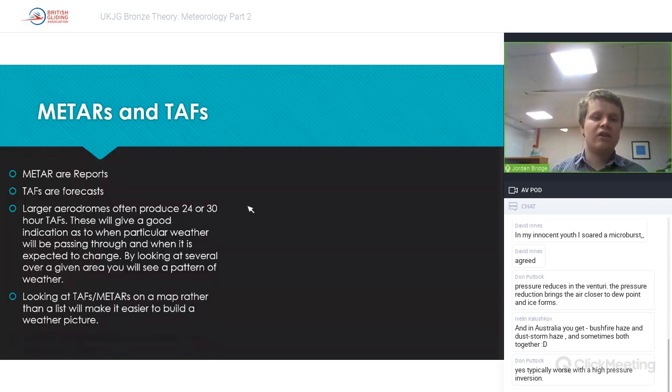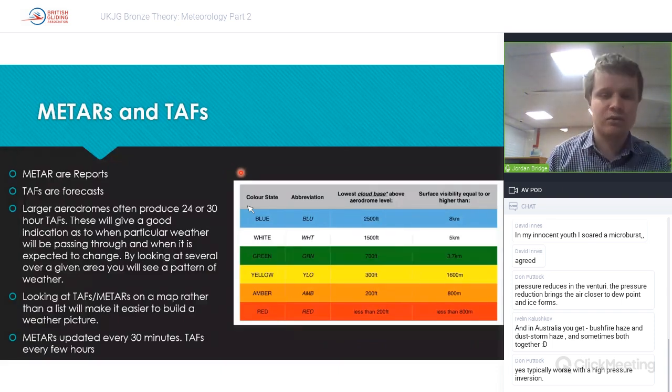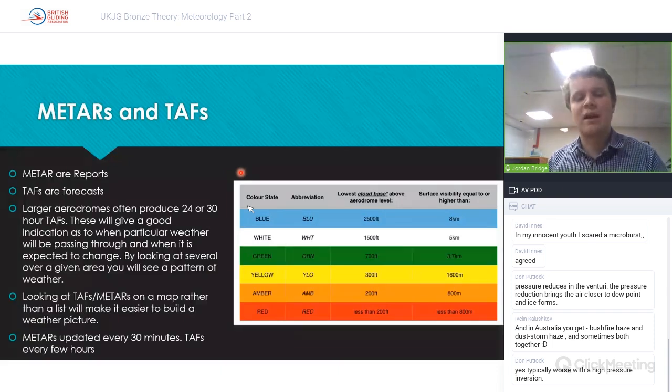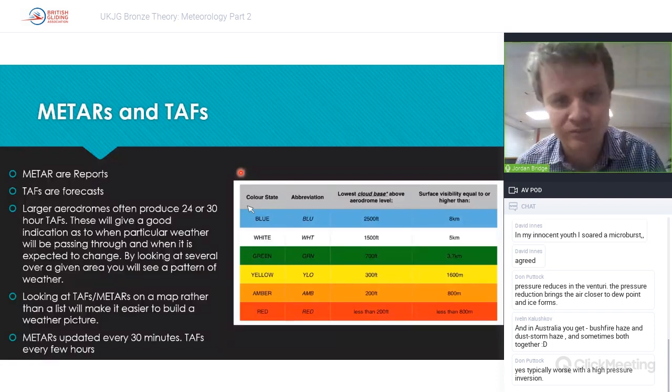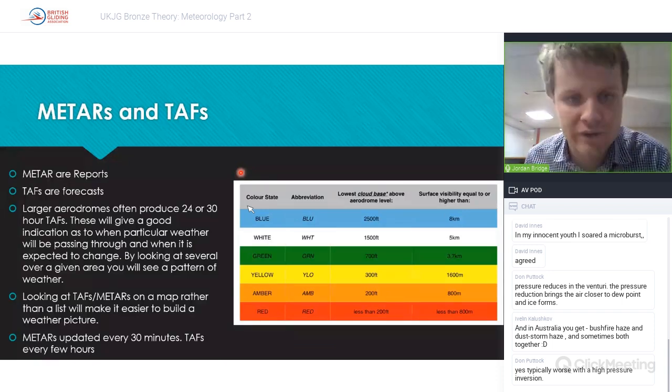It may be best to look at these on a map rather than one by one, because you'll get a better picture of what's going on. They're generally updated every 30 minutes, TAFs every few hours. The military have this code system, as you can see here, where they've shortened their way of doing things into color codes, so blue, white, green, or whatever.